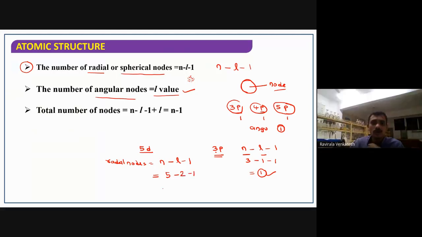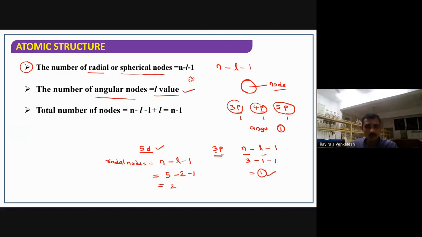So you are going to get 2 radial nodes for the 5d orbital. That means there are 2 nodes where the probability of finding the electron is 0. I will show that in the diagram, what this node is and how it looks. I will show it in the graph, which will come in the next slides.